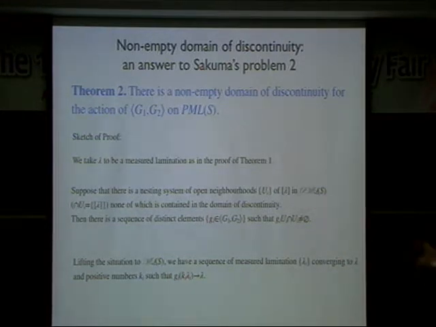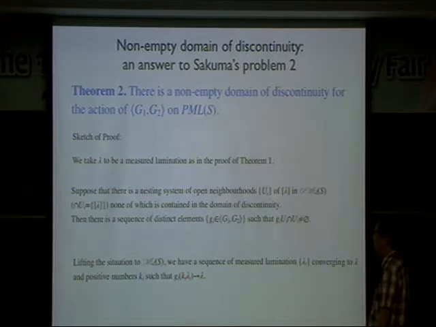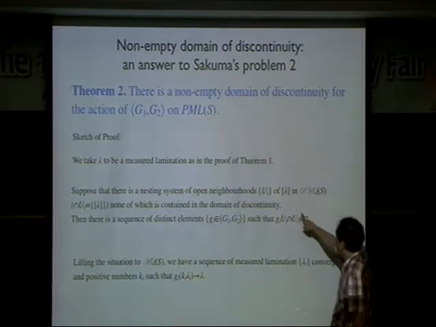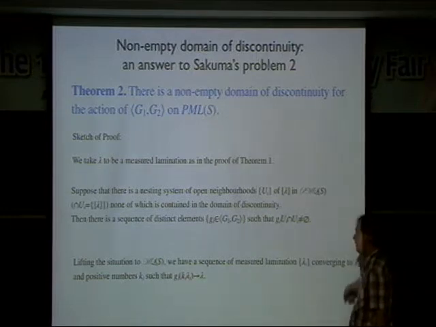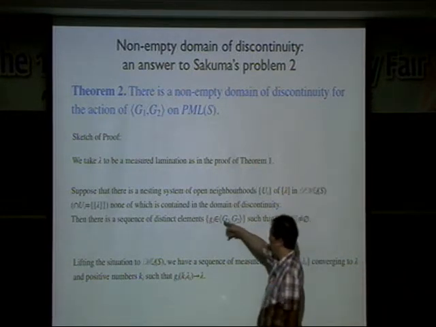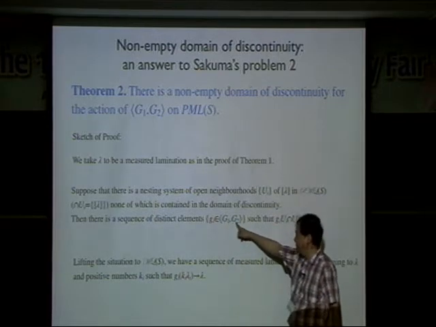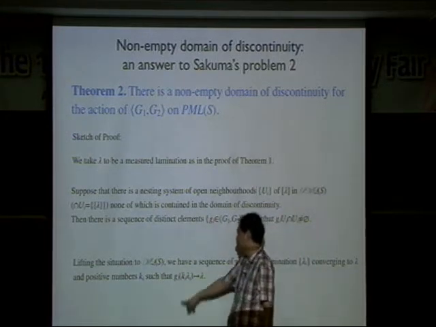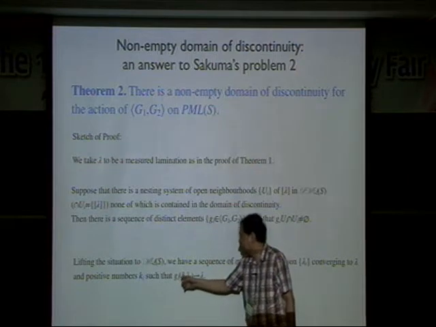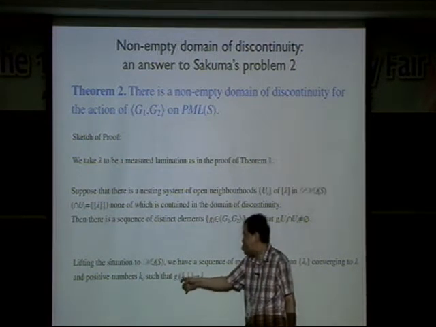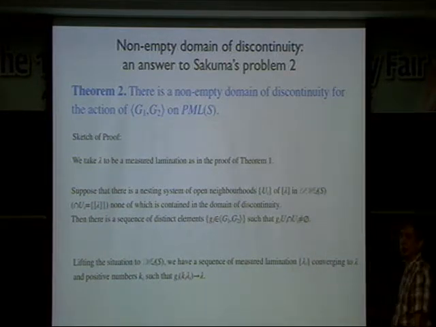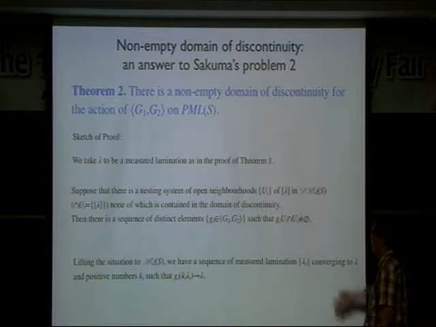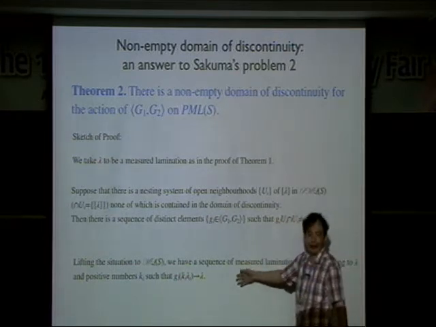If you lift that situation to the measure lamination space, what you have is something like this: there is a lamination lambda_i converging to lambda, and distinct elements g_i in the group generated by G1 and G2, such that the translate of the scalar multiple k_i lambda_i by g_i converges to lambda. Okay, so if this happens, what you have is something like this.